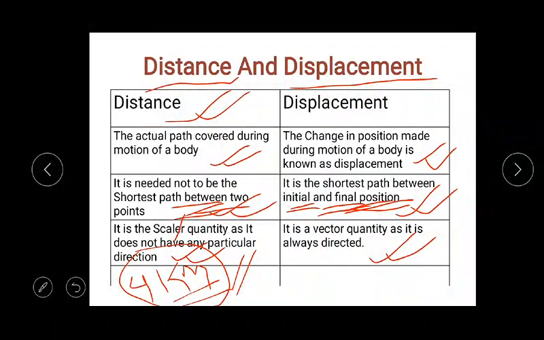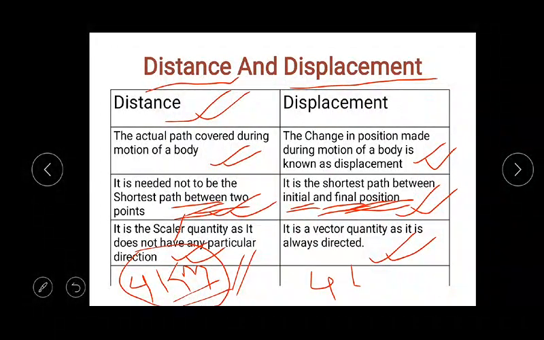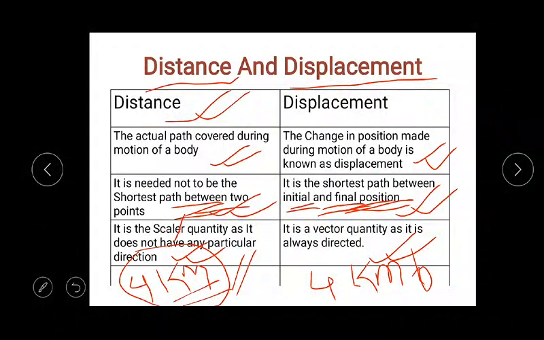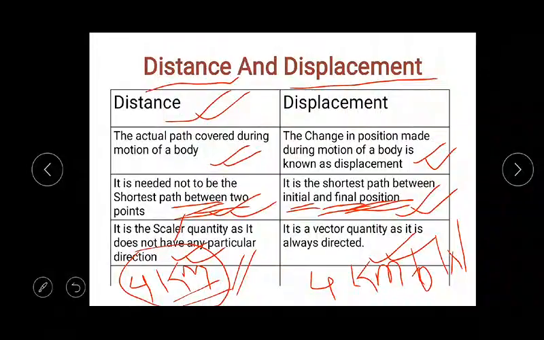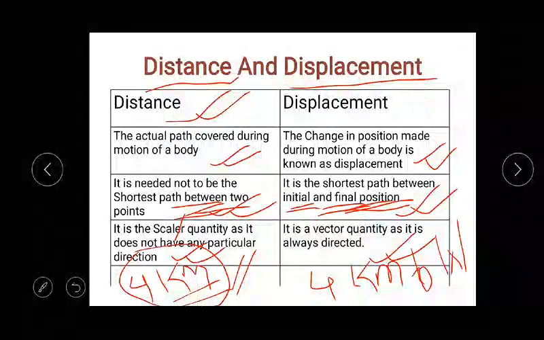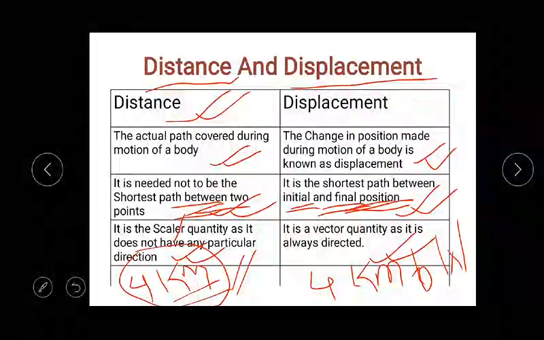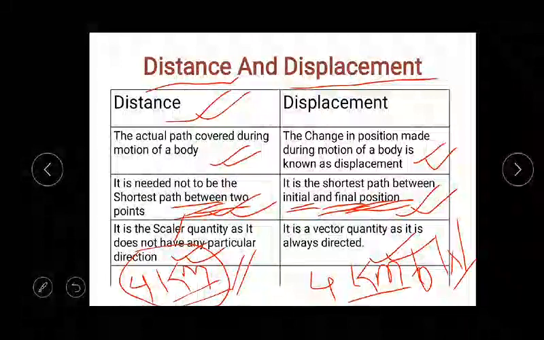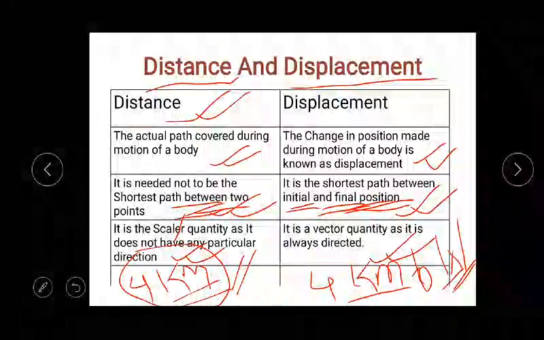For displacement, we mention 4 kilometer to the west of some place, let's say 4 kilometer to the west of VKV. So we are mentioning the distance as well as the direction. Distance along with direction is known as displacement.